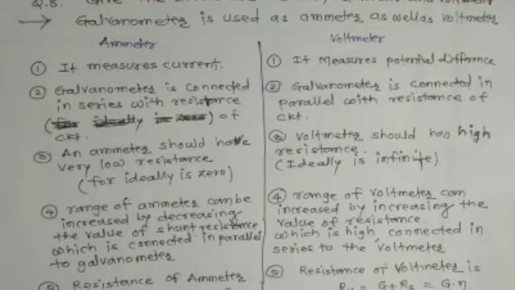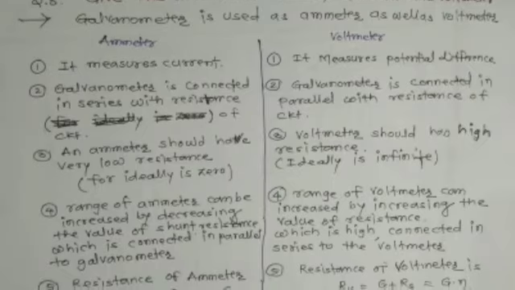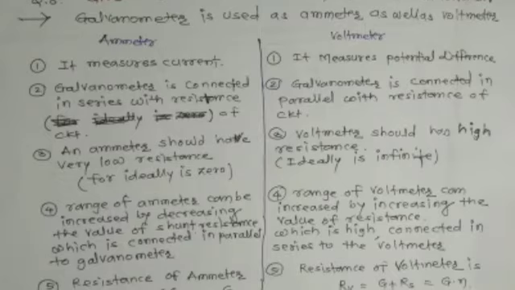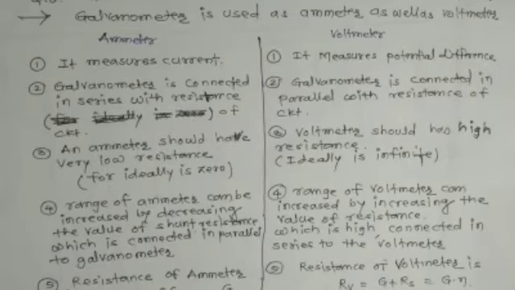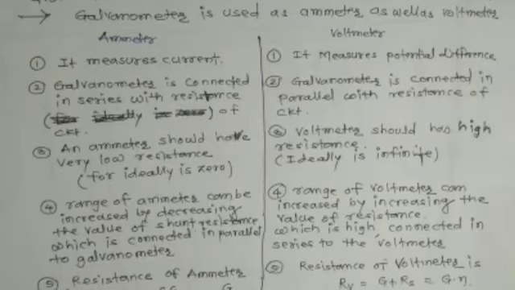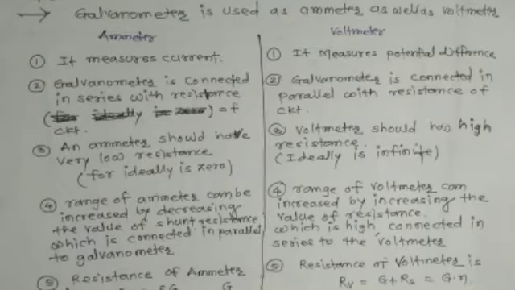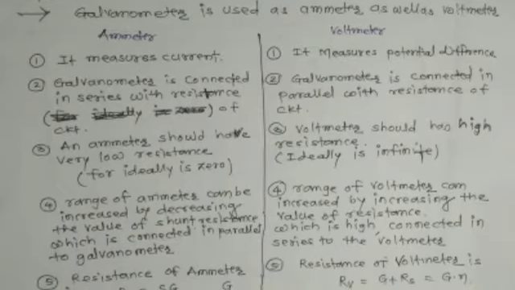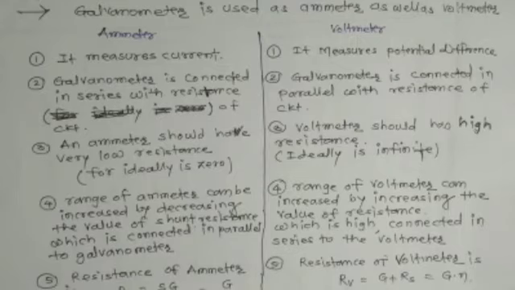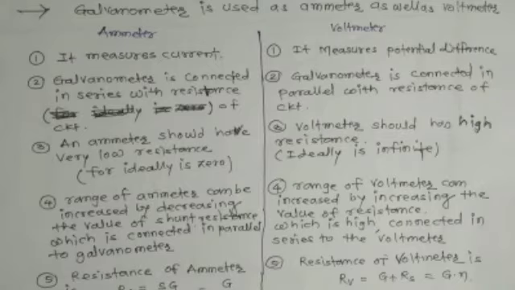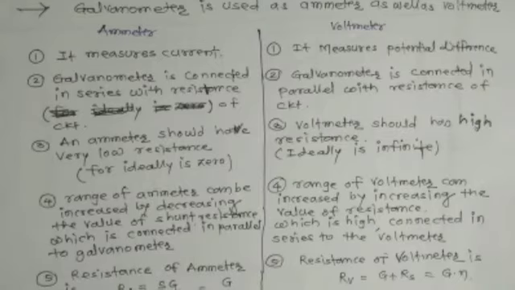The range of an ammeter can be increased by decreasing the value of the shunt resistance, which is connected in parallel to the galvanometer. In a voltmeter, the range can be increased by increasing the high value resistance, which is connected in series to the voltmeter.